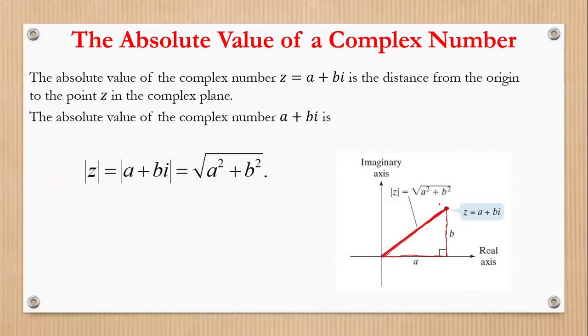We know how to find the hypotenuse: the square root of a squared plus b squared. We use the Pythagorean theorem. So every time they ask us to find the absolute value of a complex number, or the distance from the point on the complex plane to the origin, we use this formula.